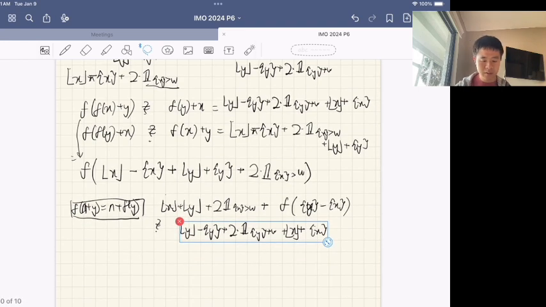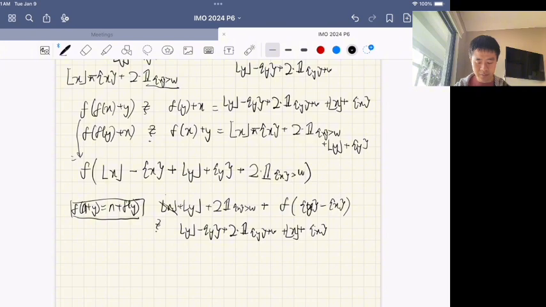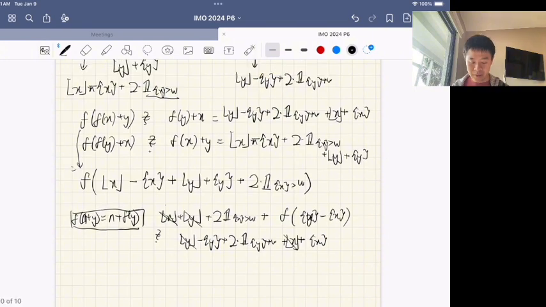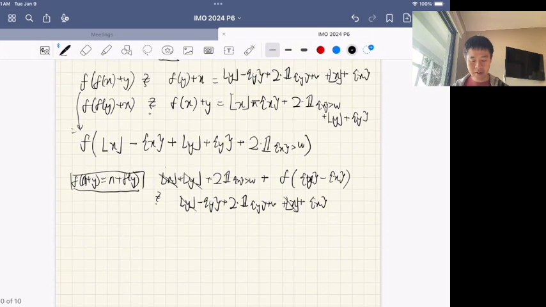And then we just cut this off. And then similarly we can do this for the other side.